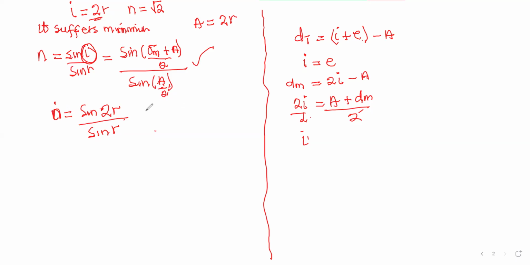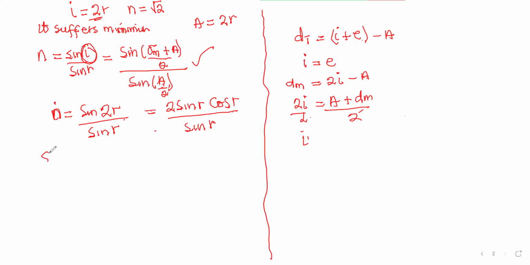Therefore, let's simplify the numerator. If you simplify sine 2r, this will give us 2 times sine of r times the cosine of r, all divided by sine r. We have gone through this before.